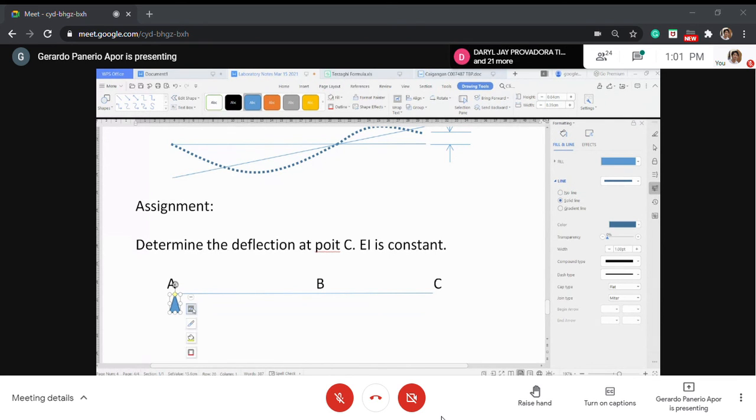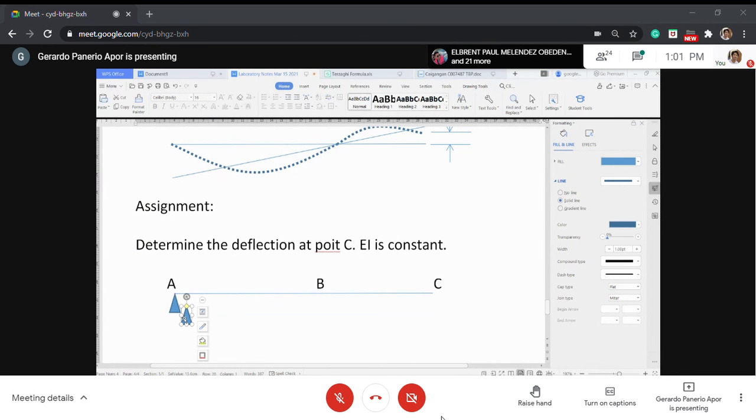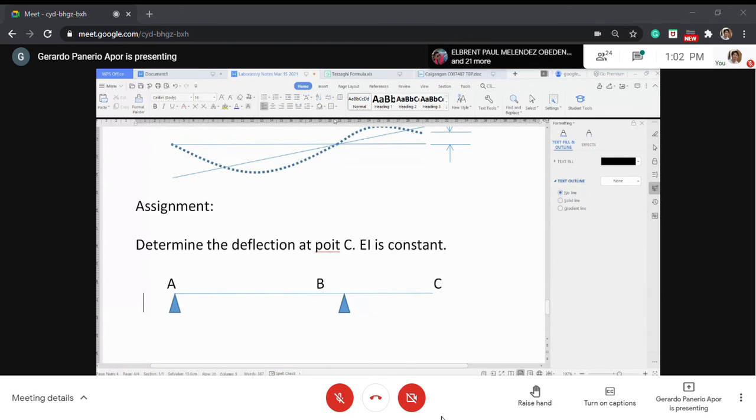Copy that, paste that. I will make this 10 meters, and this one maybe 4 meters.